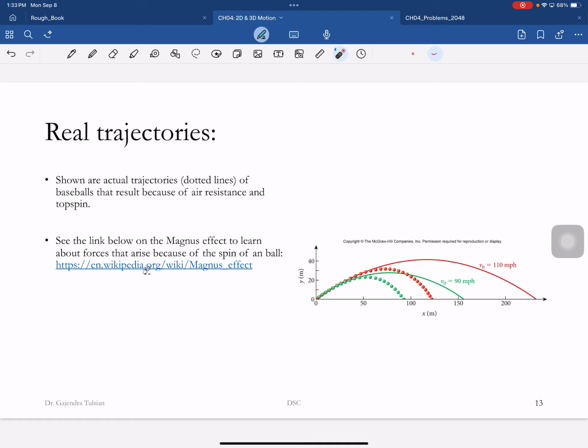The other forces are comparable to the gravitational force. This is what happens when you put on top spin. If you watched tennis yesterday, the more top spin you put, the more it'll fall closer to there. So the harder you hit and the more top spin you put, the less chance there is for it to go out.